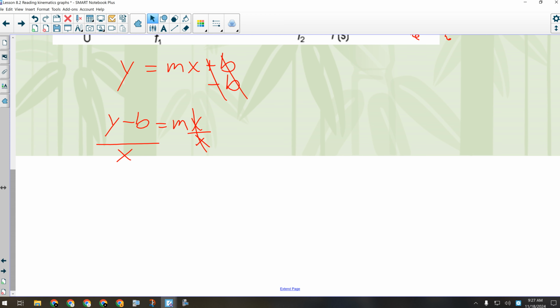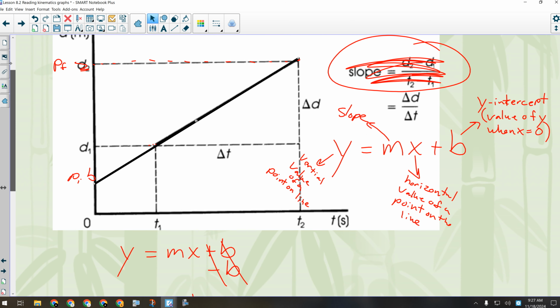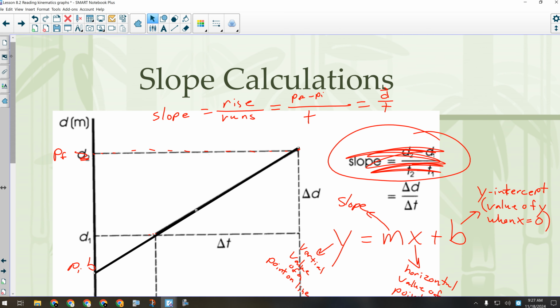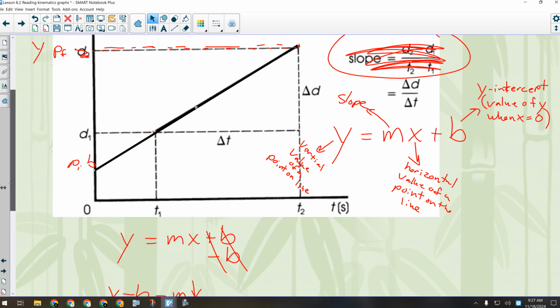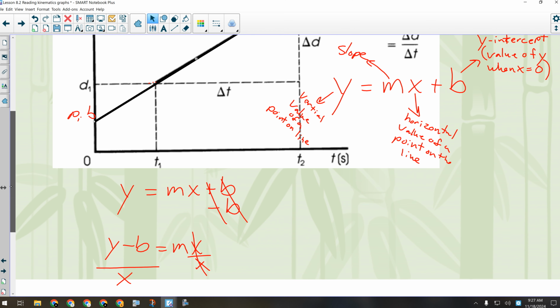So y minus b, is that the rise? It is. If we go back to our graph here, we said that this is b and this is y. And then it says over x, right? The way we manipulated that is y minus b over x.